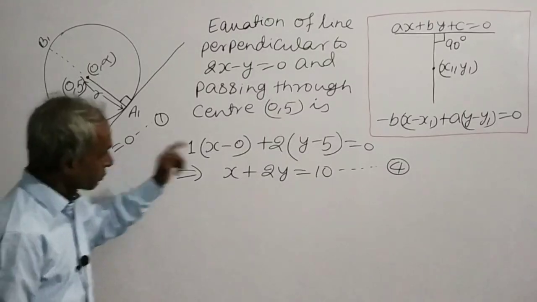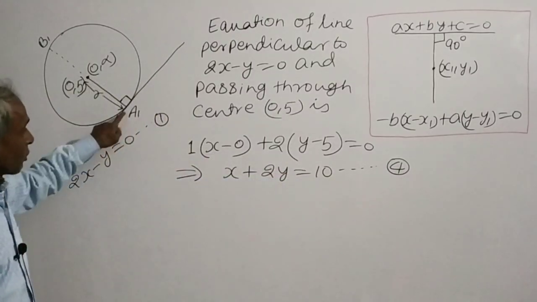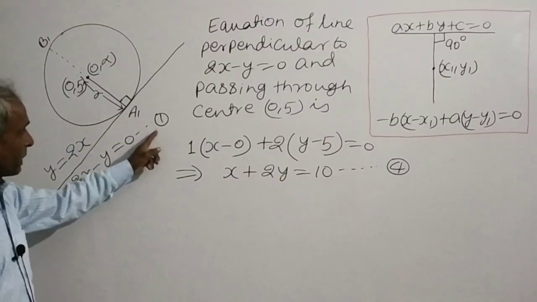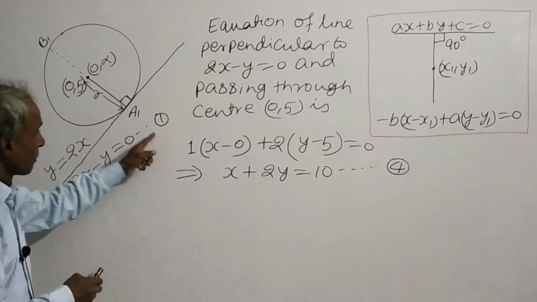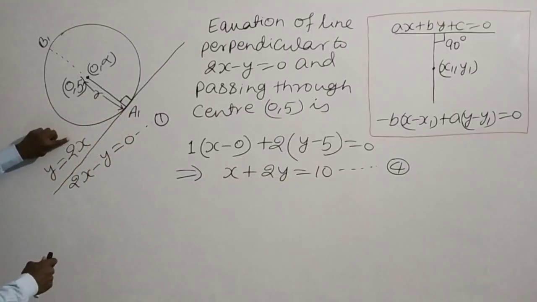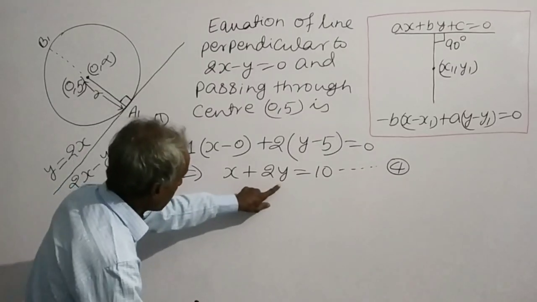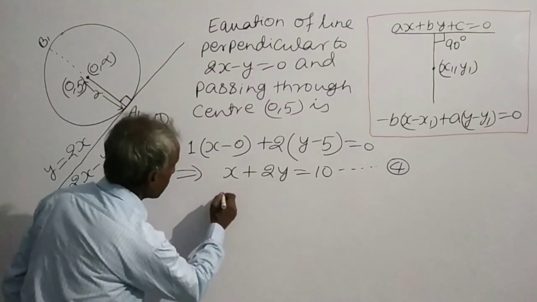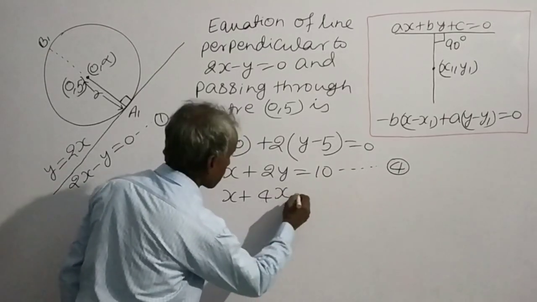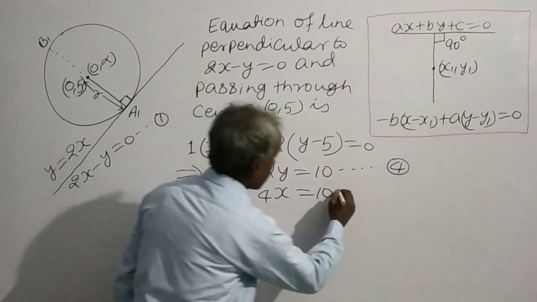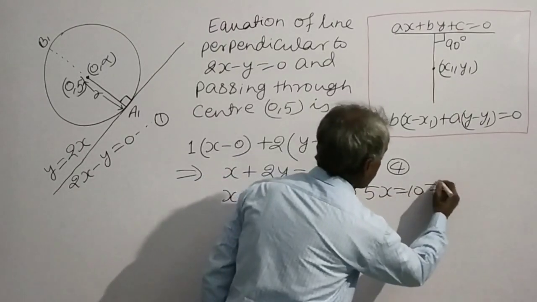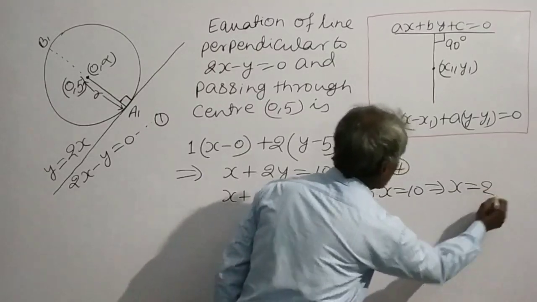When we solve 1 and 4, we get the coordinates of the point of intersection, point A1. To solve these two equations, we put 2x in place of y. Then we get x plus 4x is equal to 10. That means 5x is equal to 10. This implies x is equal to 2.